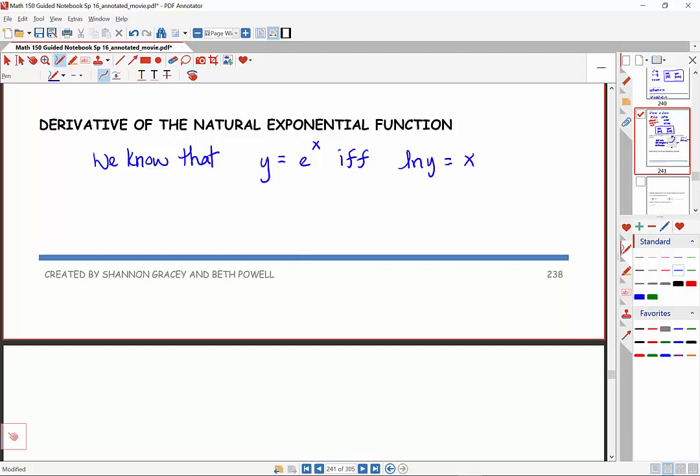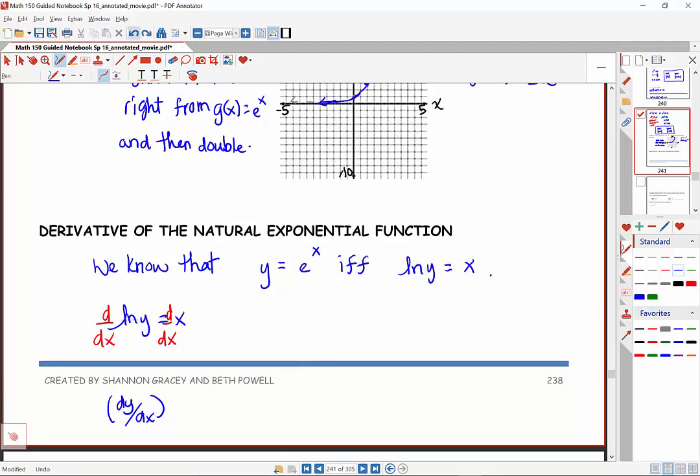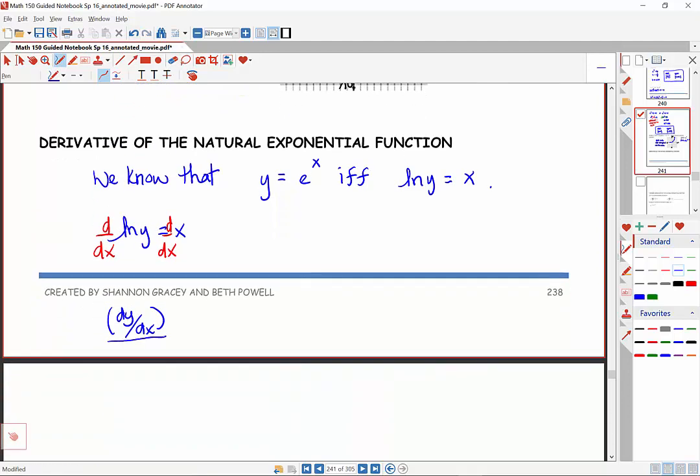To find the derivative of the natural exponential function, we can differentiate that second one. So we've got natural log at y is equal to x, and if we differentiate both sides with respect to x, we're going to get dy dx over y, that's the derivative of the left side, is equal to 1.